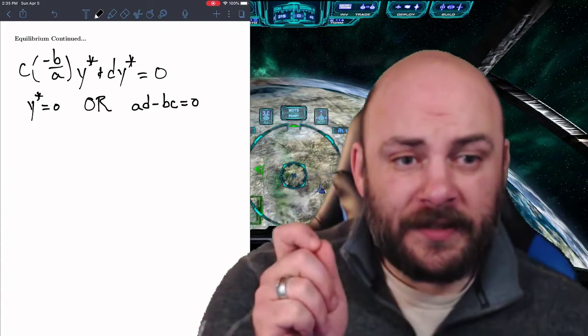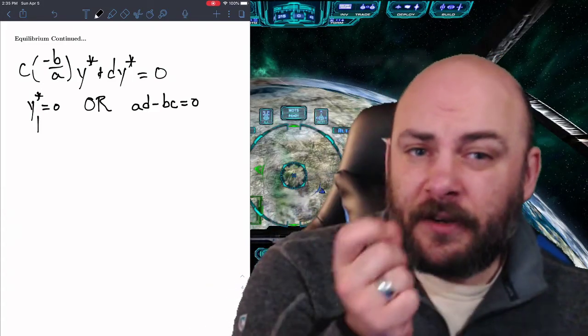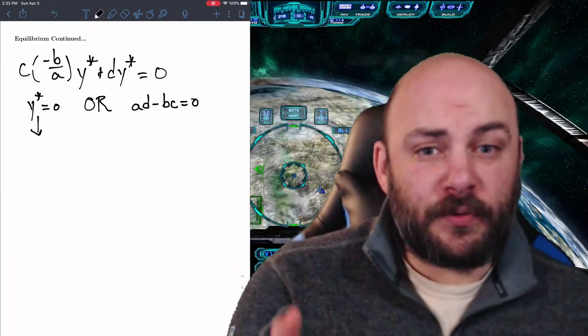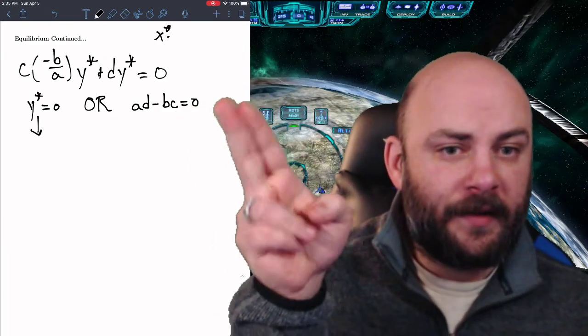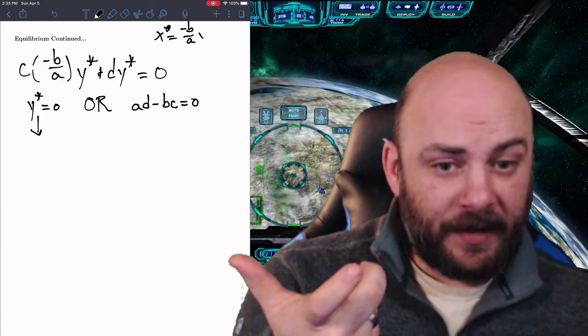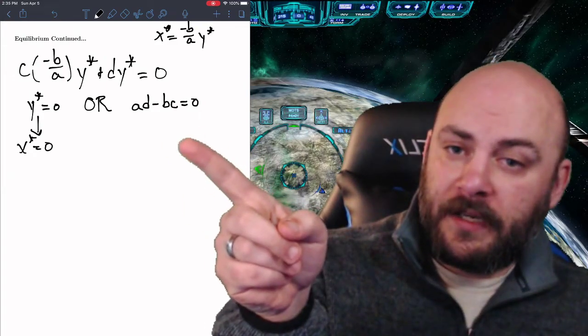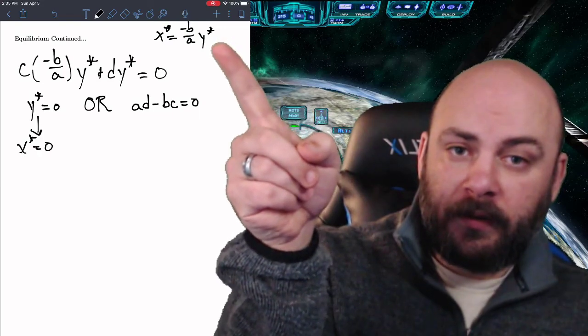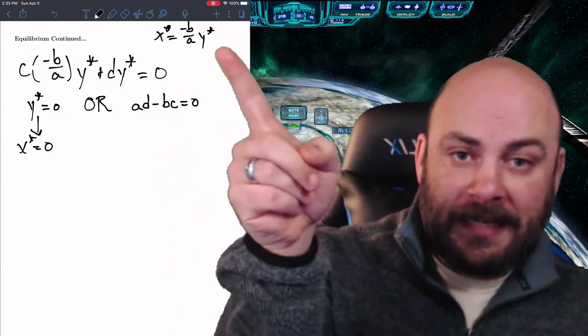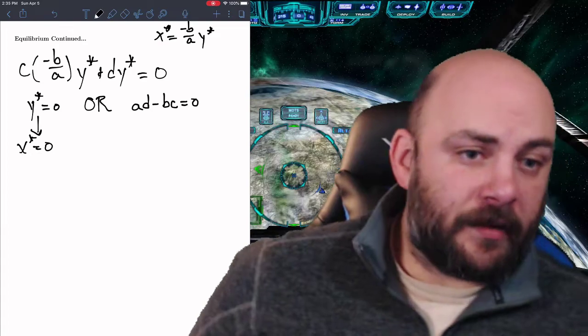Now what's important there is that it's given in our system, so it's not something we're free to choose. It just so happens that if this is equal to 0, then we have a non-trivial, non-zero solution. And again, if y star equals 0, we look back up at our key and get x star equals 0.